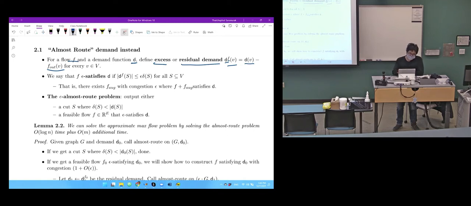Now I can define what it means for F to almost satisfy the demand. I would say that F epsilon-satisfies D if the residual demand is so small that the total residual demand on every cut S is at most epsilon times the cut size.